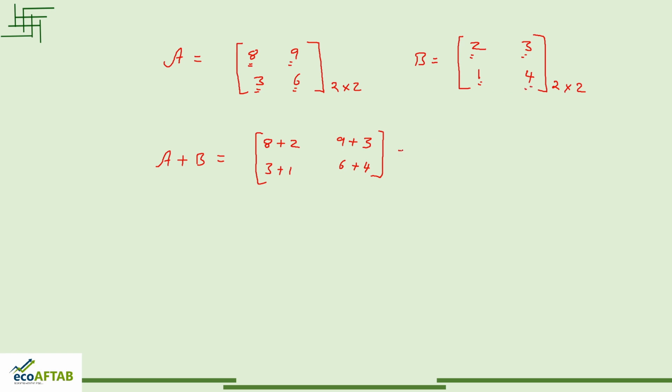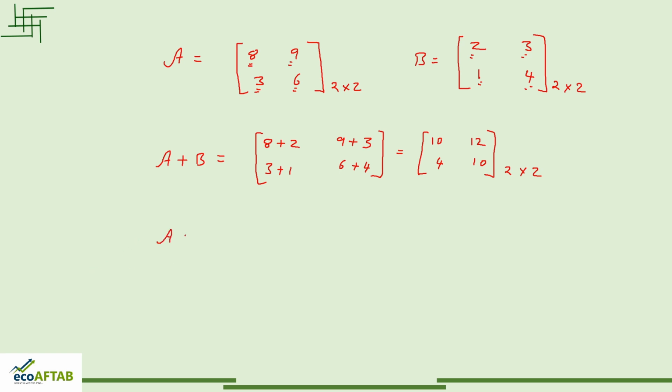So what will I get is 8 plus 2, 10, 9 plus 3, 12, 3 plus 1, 4, 6 plus 4, 10. So this is the value that I get after adding two matrices of the same dimension. Even here this is also a 2 by 2 matrix.